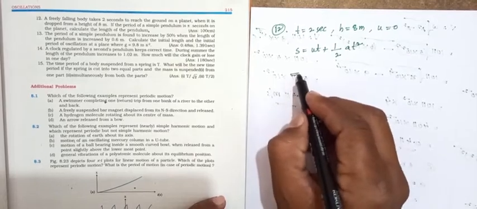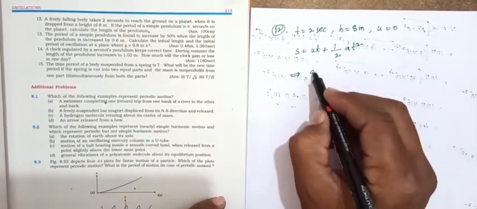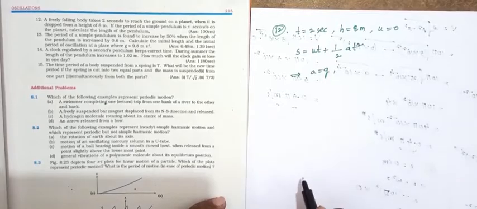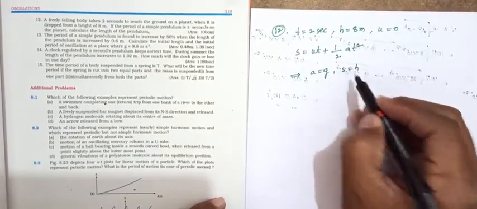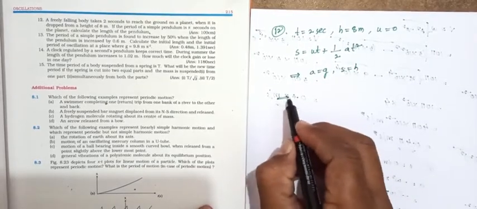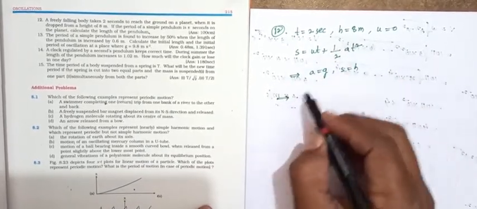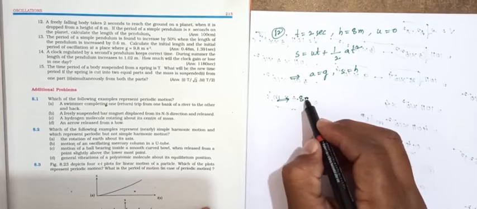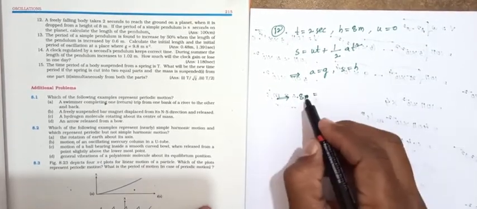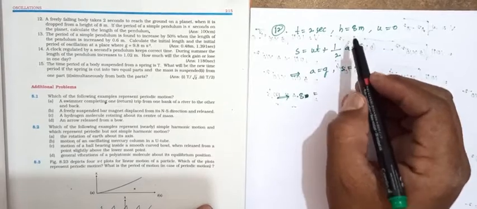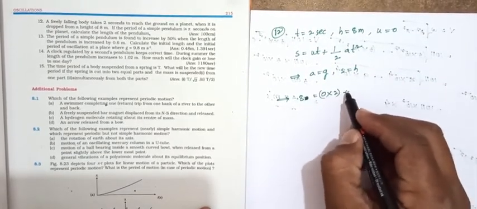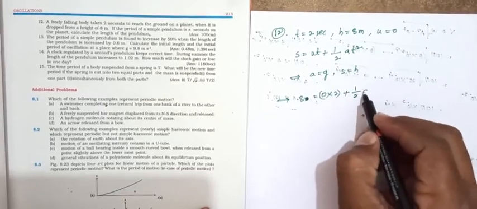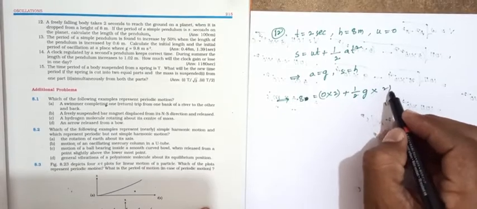Here for a freely falling body a equals small g, u equals 0, and S equals h. Substituting, h equals 8 meters, that is 8 equals u equals 0 into 2 plus half g into t equals 2 whole square.